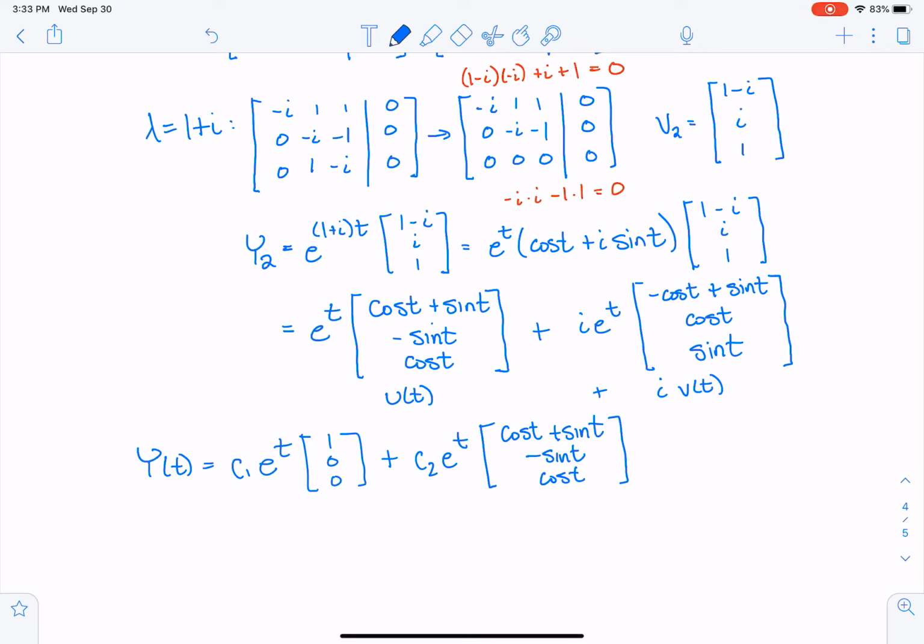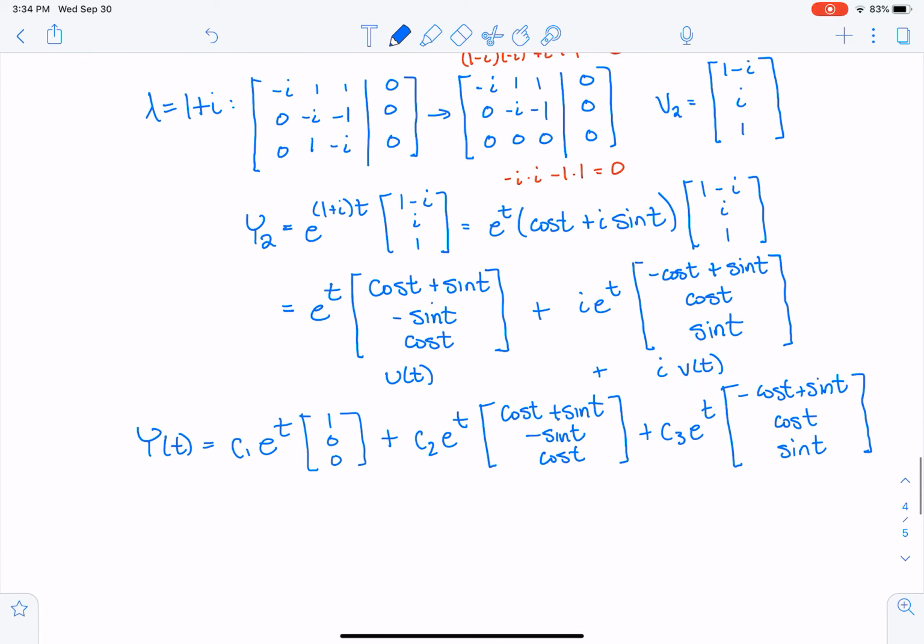And then finally plus c3 e to the t times negative cosine t plus sine t, cosine t, sine t. So as you can see, getting the general solution is a very involved problem.